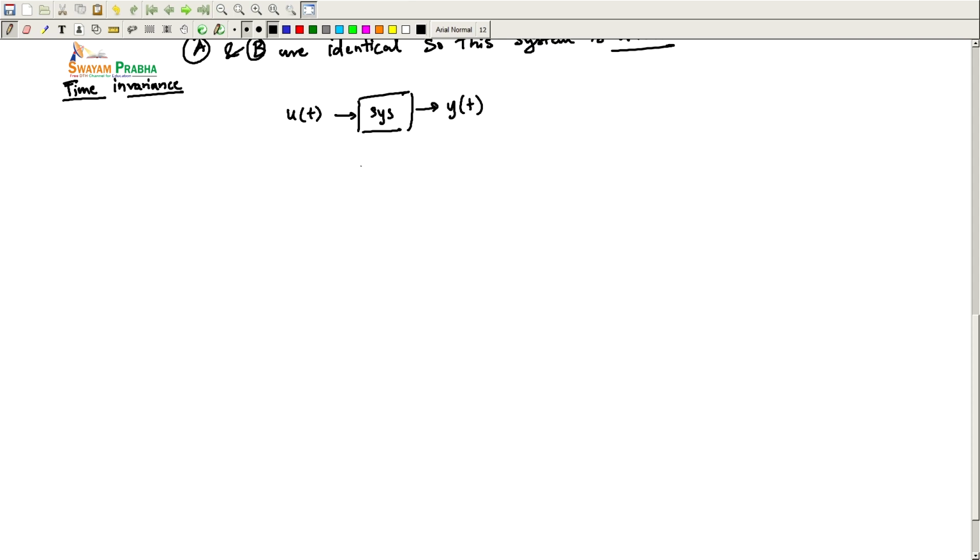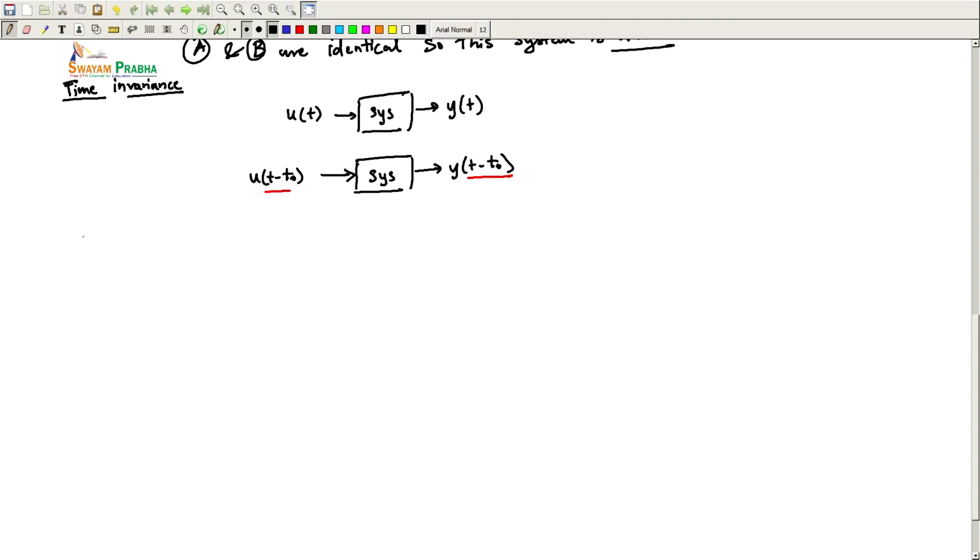This system can be called time invariant if, say, u(t) gives an output y(t), then u(t minus t naught), where t naught is some constant, should give y(t minus t naught). The whole idea is there is a time shift at the input. You should get the same time shift with the output, and both the signals should be equal.